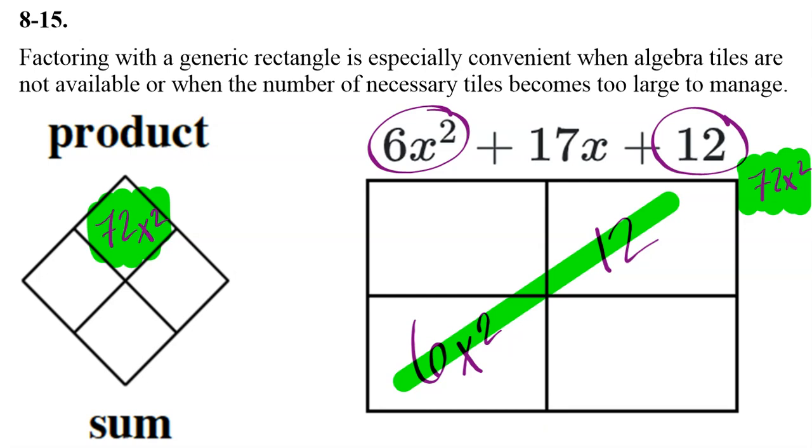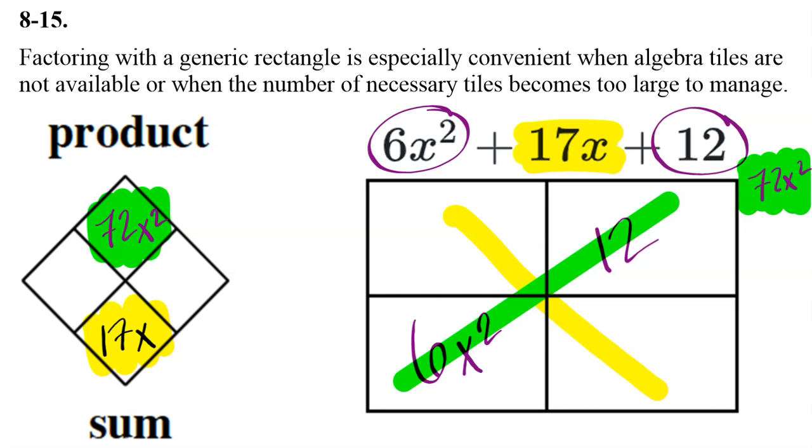And then if we take these, we know it has to add, so these two are going to be like terms, so they're going to have to add to this number right here, 17x, and so we just put that in here. Okay, so that's got to be 17x. And so what factors are going to add up to 17 that multiply to 72?